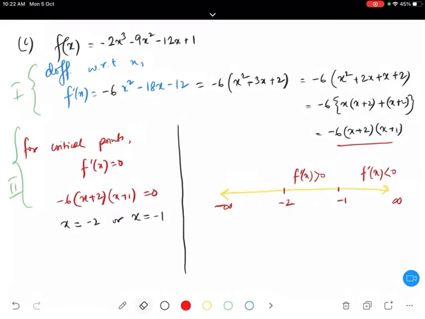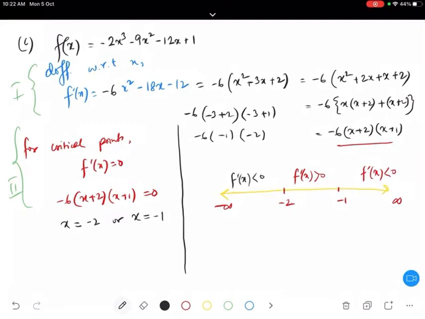Minus 3 is less than minus 2. So put minus 3 in there and tell me whether it's negative or positive. So minus 6 minus 1 minus 2, minus minus is plus and minus, that is f dash x is negative, right?